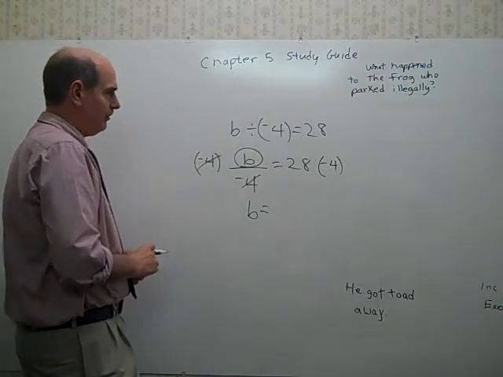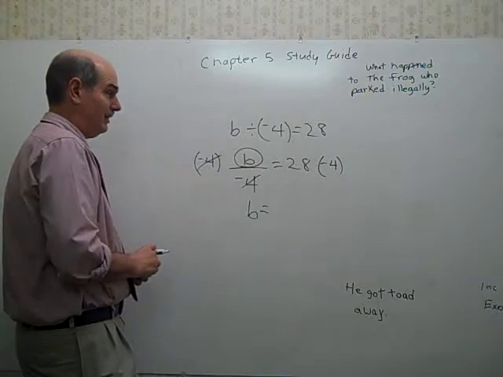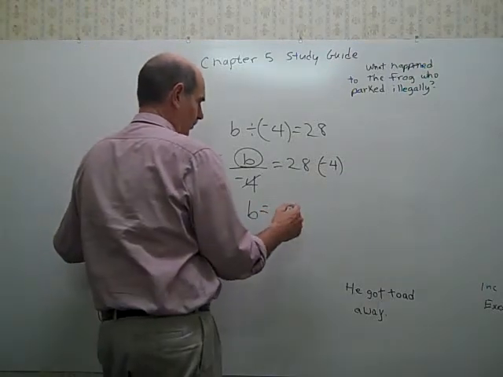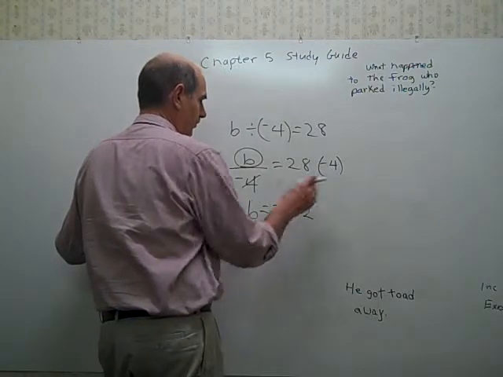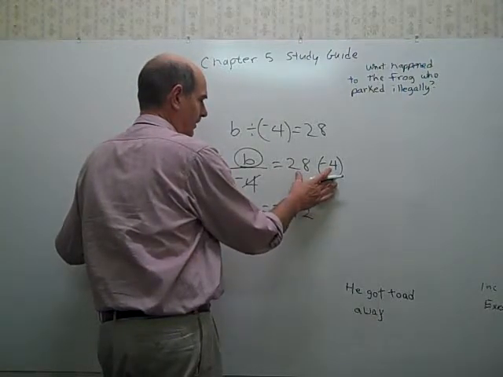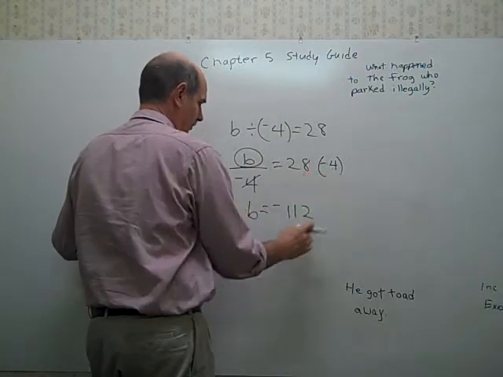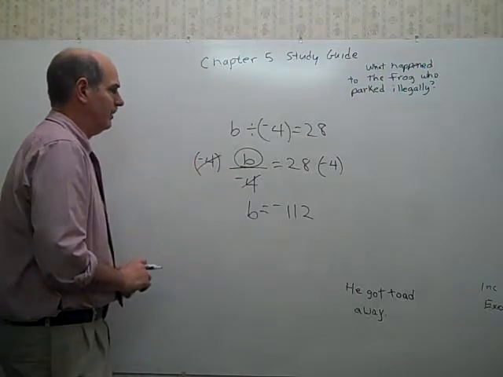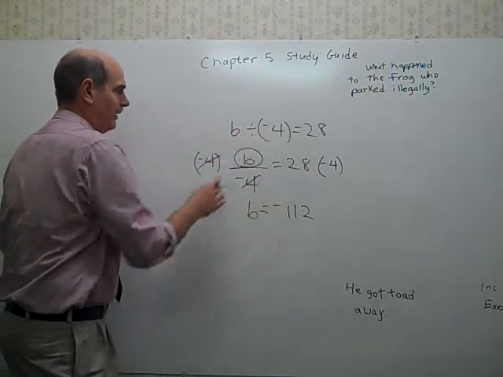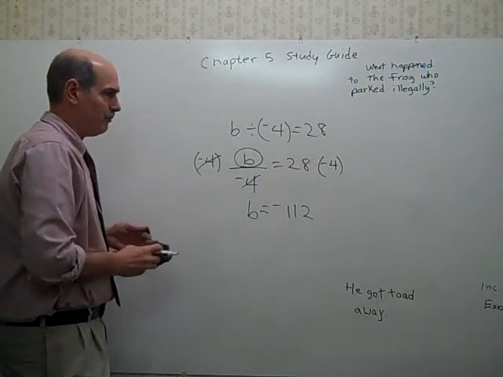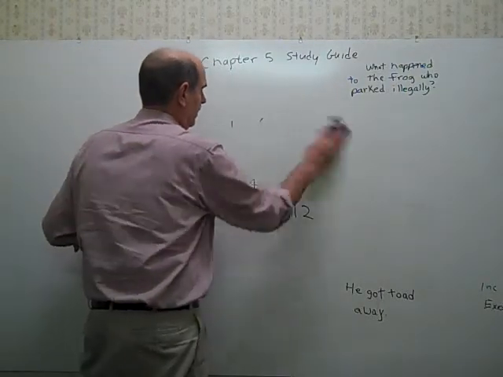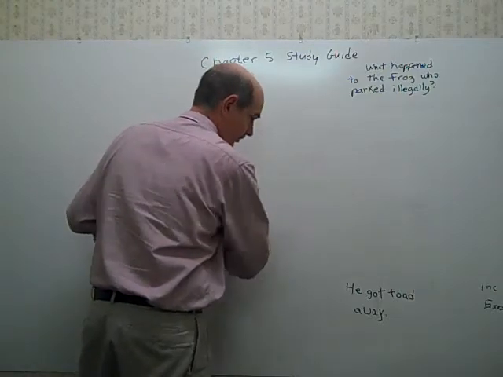And this would be -4 times 28, I think it's -112. See, 4 25s is 100, and then 4 3s is 12, so that would be -112. -112 divided by -4 is +28. So that's just one example of each of those multiplication and division equations.